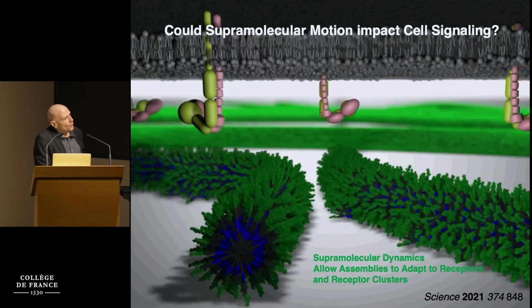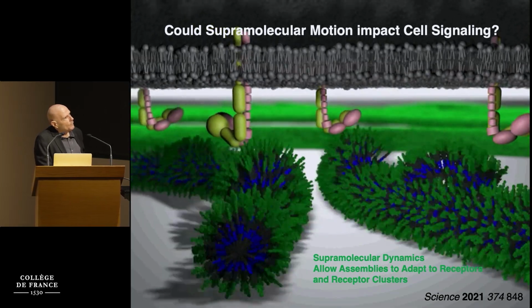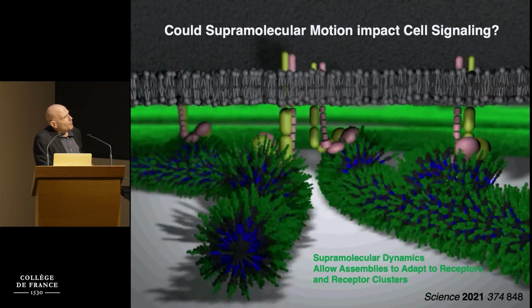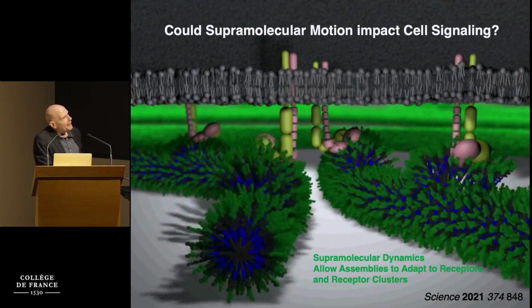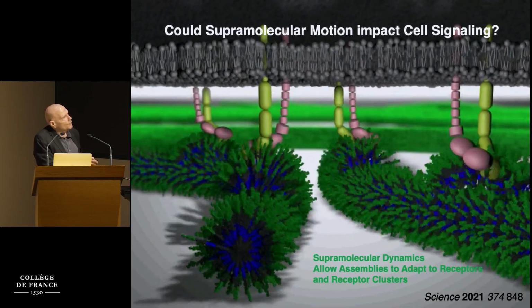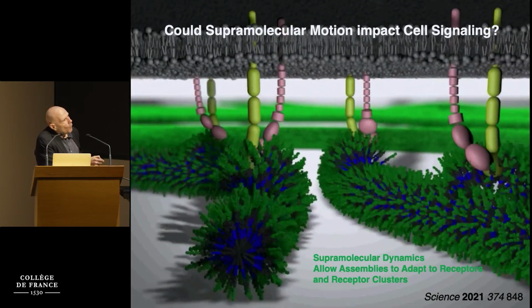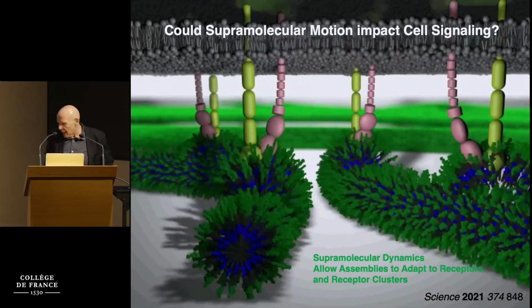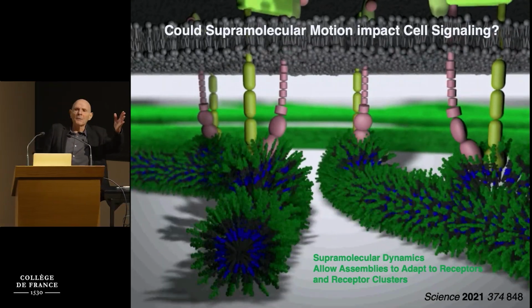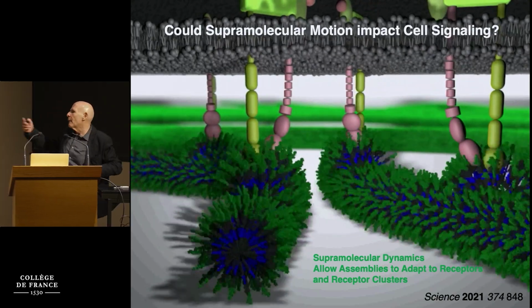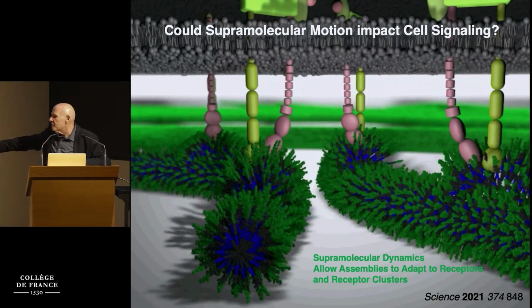So I'm going to show you now from this paper in 2021 how recognizing that there is supramolecular motion and a lot of dynamicity in the assemblies, reaching out to receptors, molecules jumping up vertically or maybe even translating along the length of the assembly, right? You'd never think about a polymer having a structural unit in position 1 going to position 150.